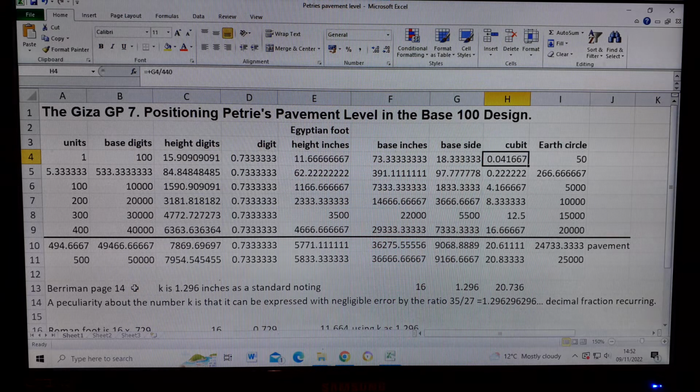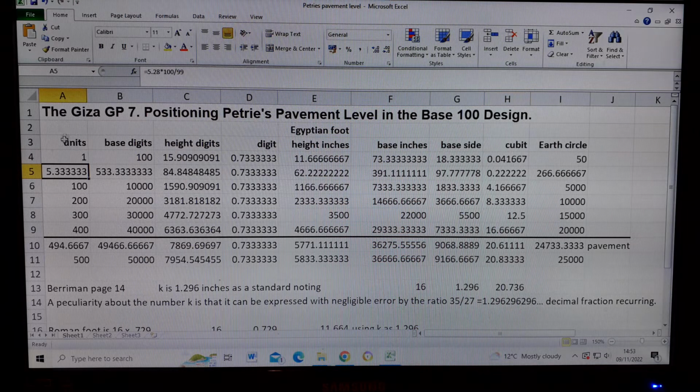It's not just 1760 cubits in the base, it's 1760 cubits when only 1 unit is being used, so the cubit becomes very small. The other way to do it is keep a constant cubit and reduce the number of cubits in the base to the top. So there are 2 different ways to design the Giza pyramid, and in this presentation we're looking at the one where the number of cubits in the base stays the same, always 1760.